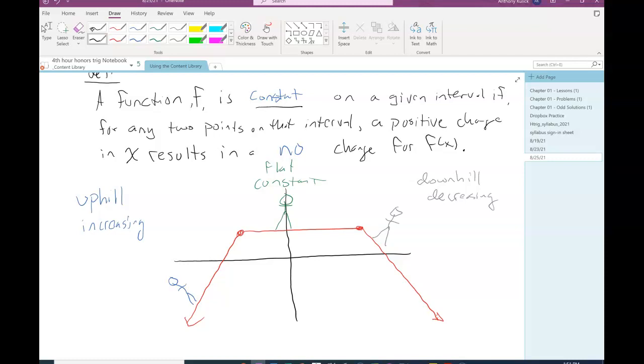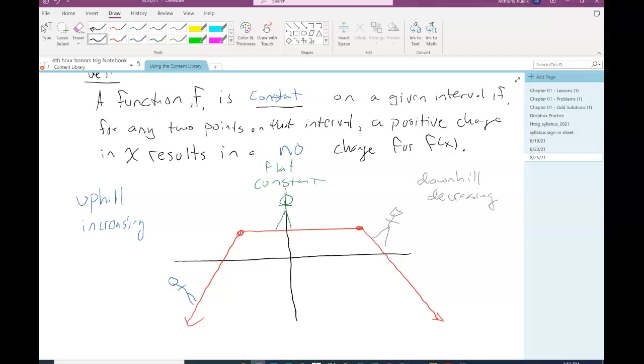So just to show you that this is really the same as the definition that we gave you, for positive, it says on that interval, if you pick 2 points and there's a positive change in the x, so if you pick a point on the left and then you pick a point after it, and you look at the difference of the point on the right's x-coordinate and the point on the left's x-coordinate, that change should be positive, which it would be if you pick them in that order.